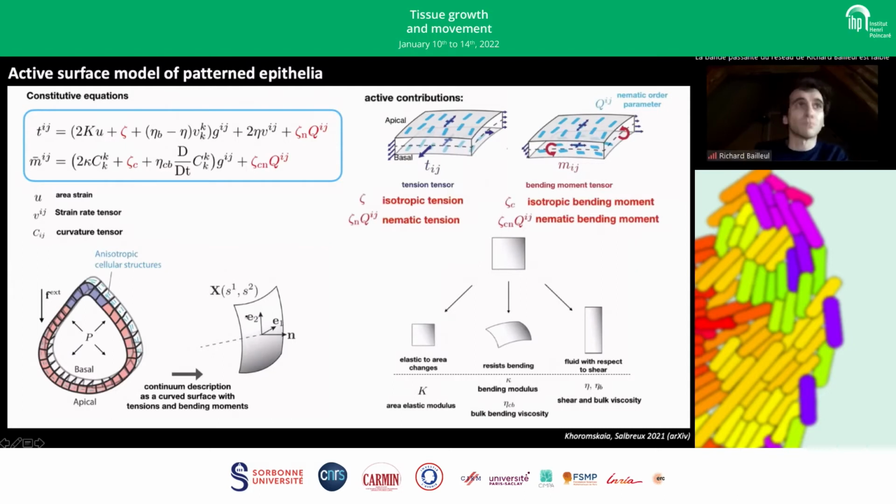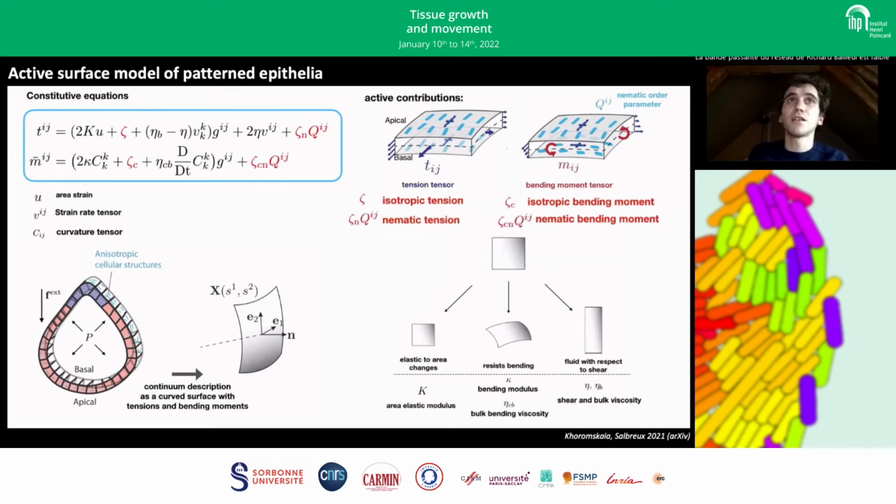So there are many parameters in this model, but what Diana and Guillaume are focused on in this work are the implications, the roles of the parameters in red here, which are the active contributions, namely the internal tensions and torques in the tissue, and also included are the nematic components, which stem from the in-plane orientations of cytoskeletal elements within the epithelium.